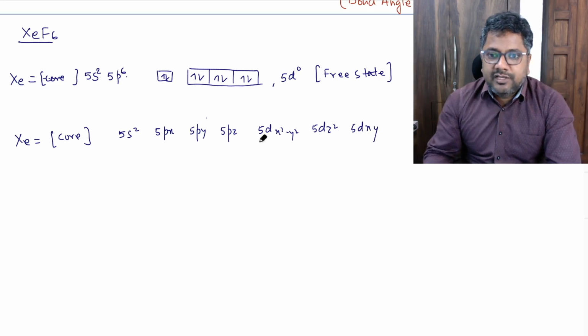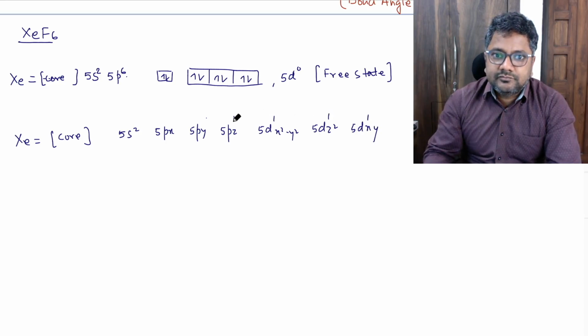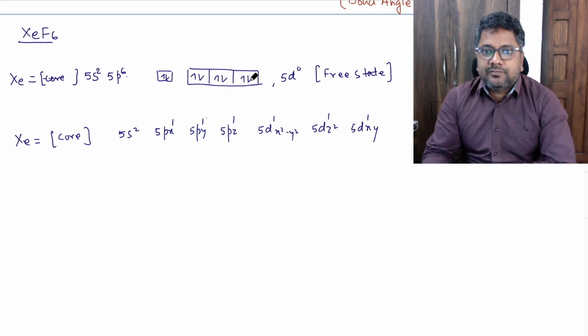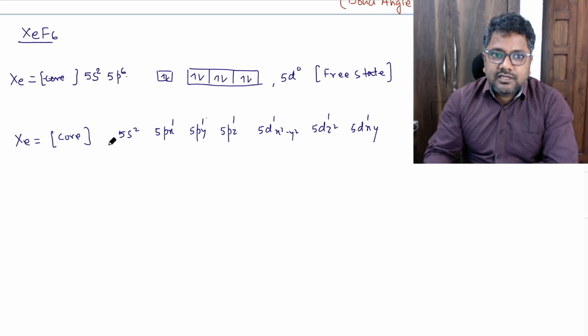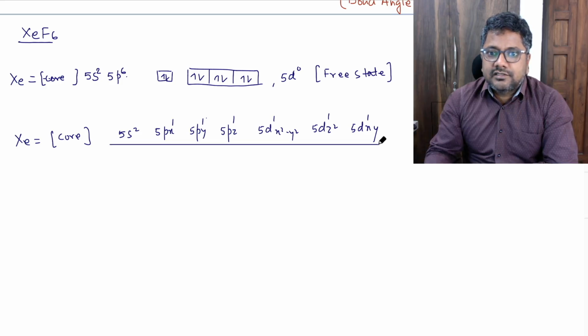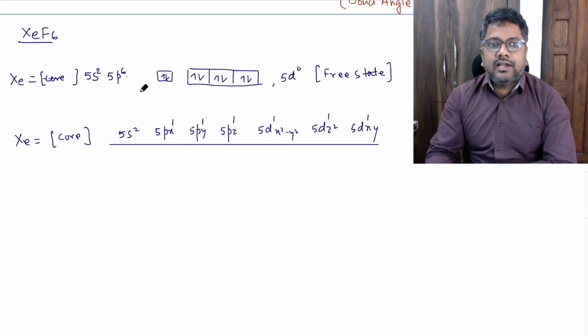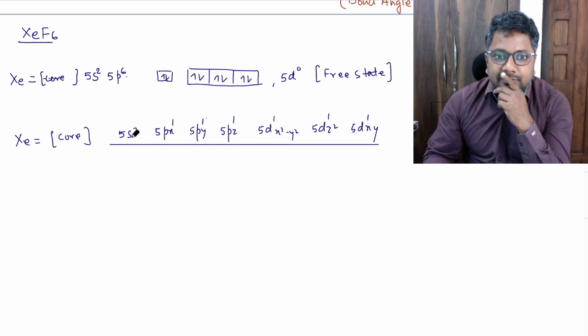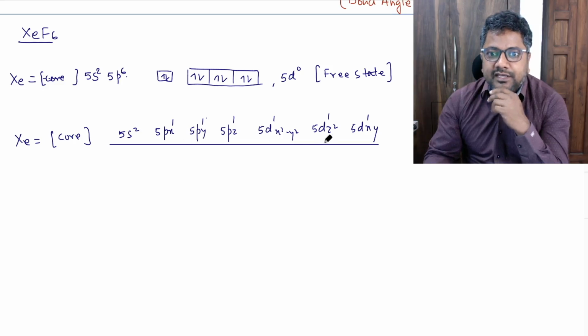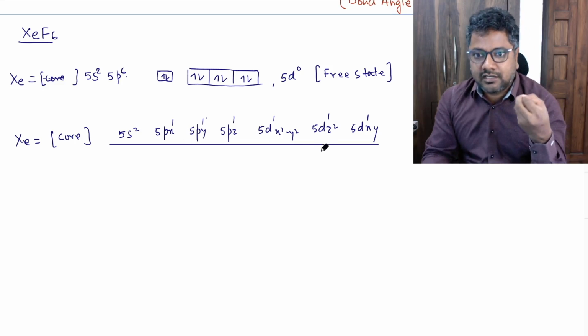So minimum one electron should be there, like this. So if you promote this one electron here, this one electron here, and this one electron here, this is the state of electronic configuration of this xenon atom in this molecule, right? So in the bonding of this molecule, 5s, 5p, and 5d orbitals are involved.